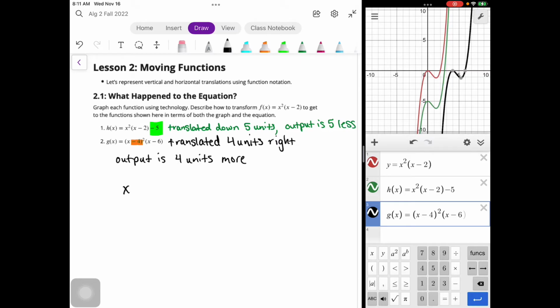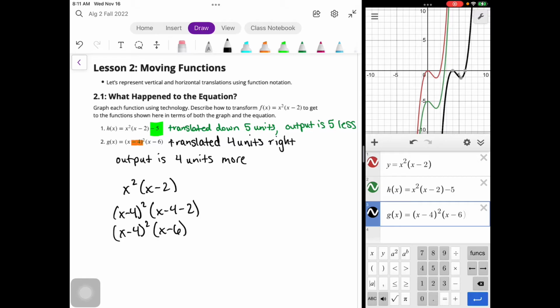Our original was x squared times x minus 2. So if we plug in x minus 4 for that, we have x minus 4 squared and then x minus 4 minus 2. So we just replaced all the x's with x minus 4. And so then that simplifies to x minus 4 quantity squared times x minus 6. And that's how they got that.